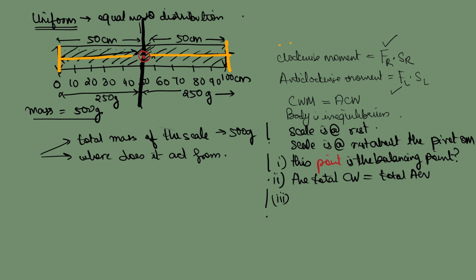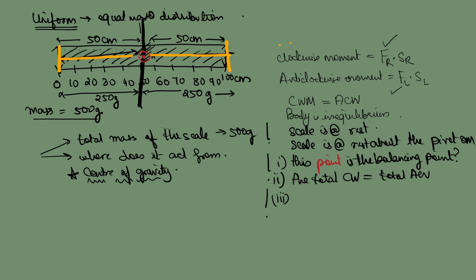Now, if I have such a large scale, 1 meter long scale, I want to condense it to a point. So we take into consideration the concept of center of gravity. What is the center of gravity? Center of gravity is such a point in a body.